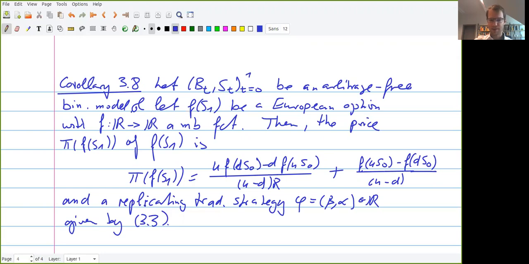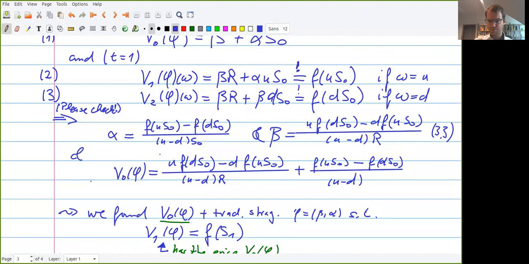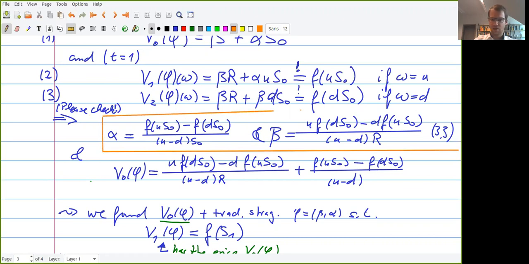So I'm not repeating this here. So this is our replicating trading strategy of an option in the binomial model with one step. And well, this here is the price. Okay, so there's nothing left to prove because we have derived it already.